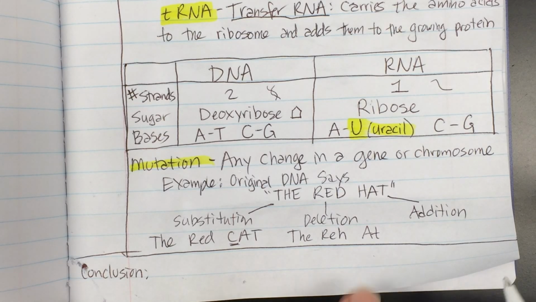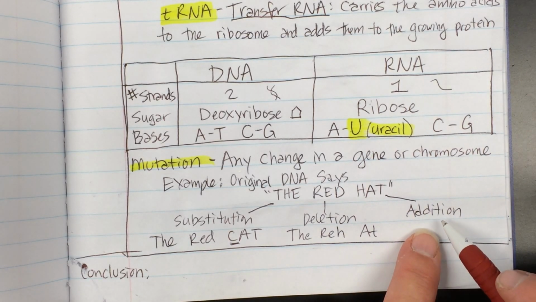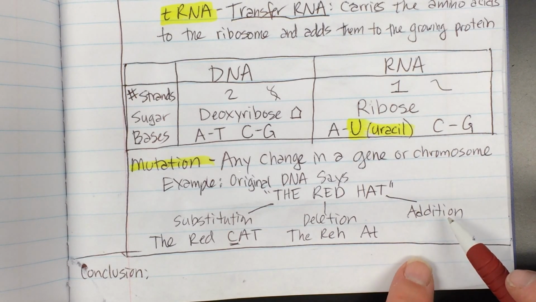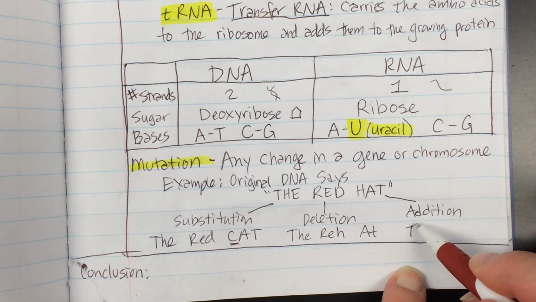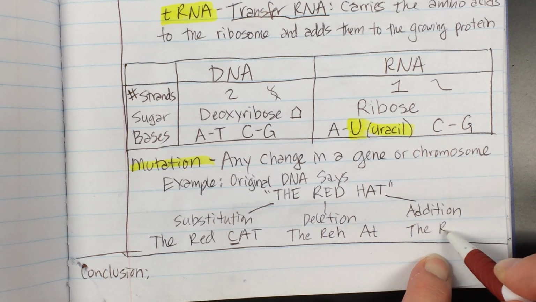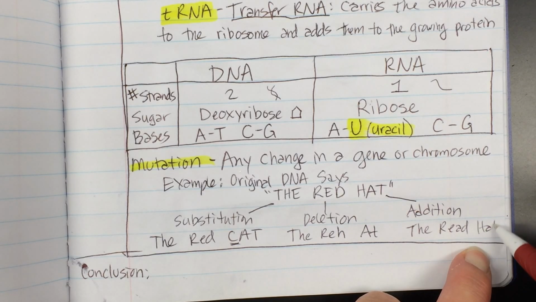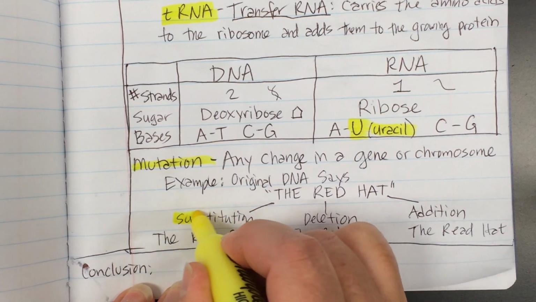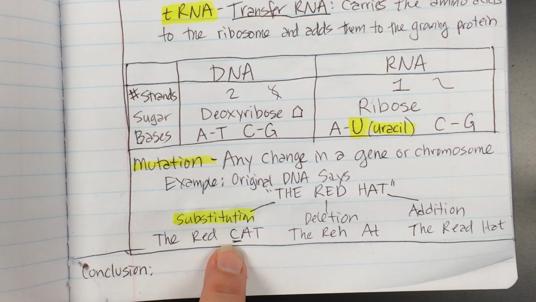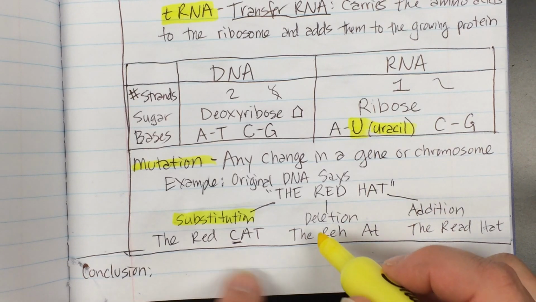Okay, so then what if we added something? And that can happen too. What if we added a letter? Well, then you have the read hat, and that's going to mess up the gene expression. So you have these 3 kind of mutations, and let's highlight those. You can have a substitution where you change a letter from one to another.